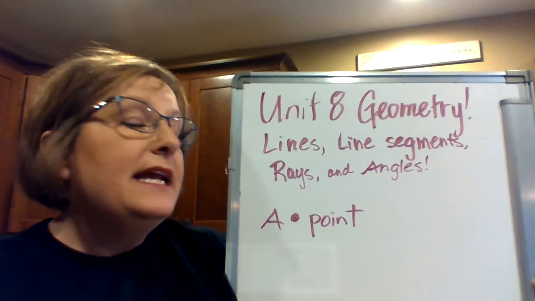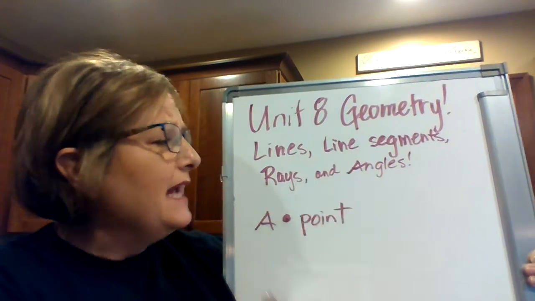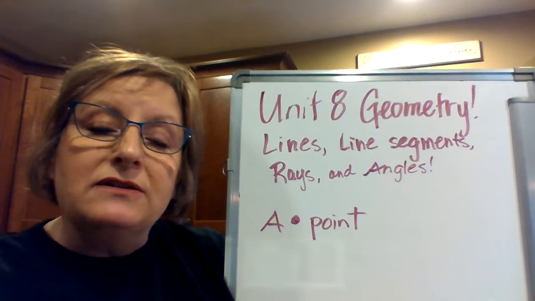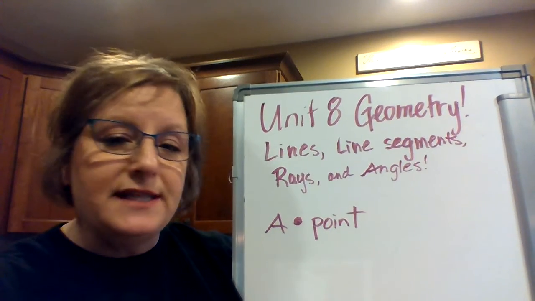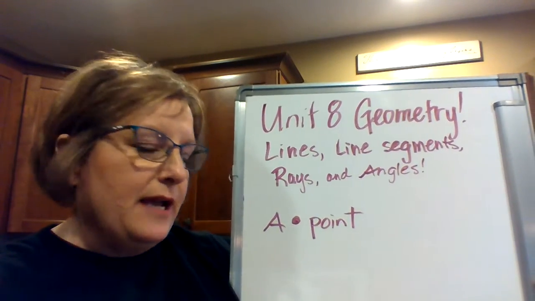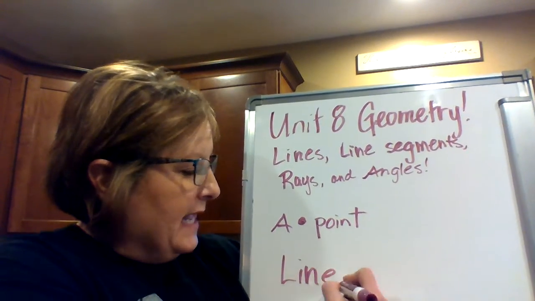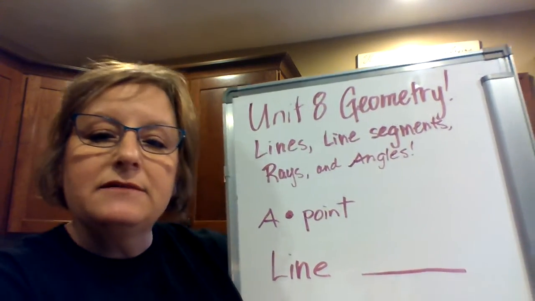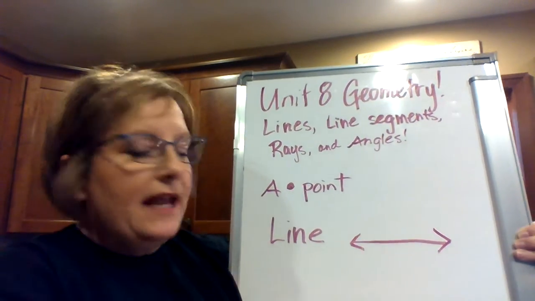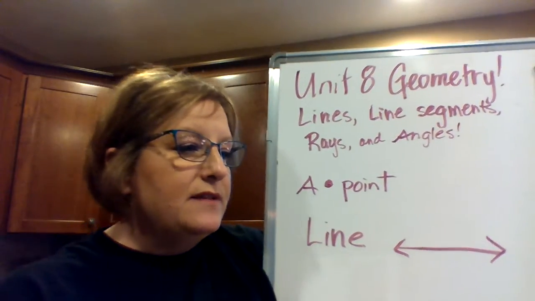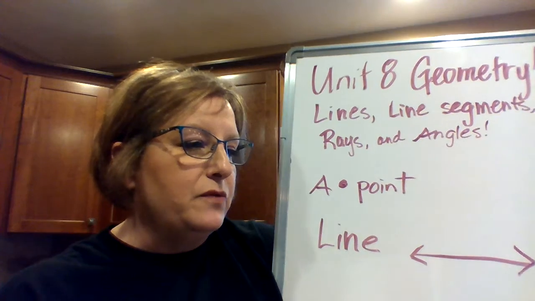Our goal today is to be able to identify the difference between a line segment, a ray, and an angle. All right, so we're going to be talking about these different terms and what they look like in the geometry world. So the first one is a line. And a line looks like this, but in geometry, it's going to have arrows on both sides because we know a line is a straight path that goes on forever and ever in both directions.